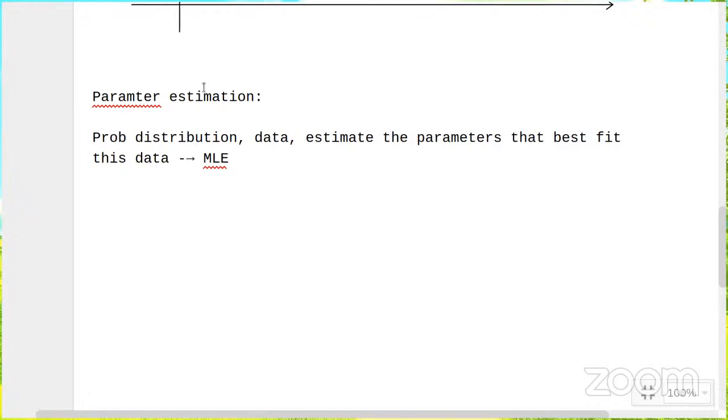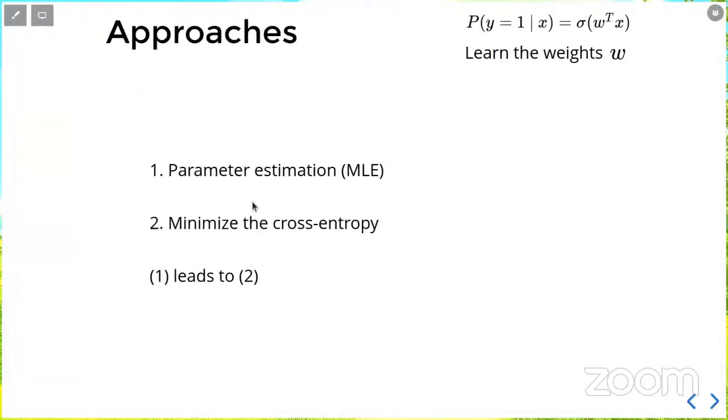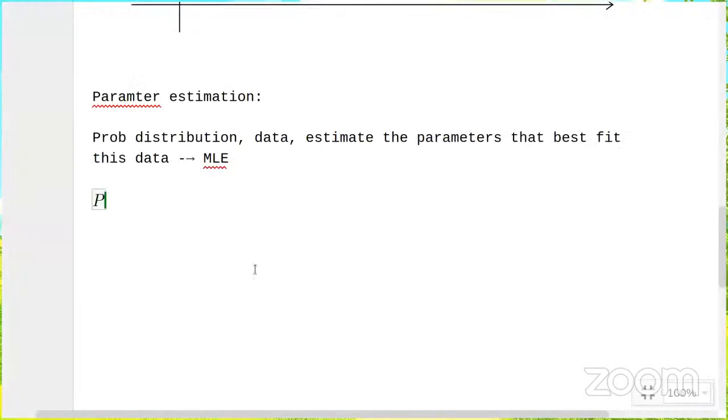Does everyone remember some parts of MLE? Yes, sir. All right. So our parameters here will be W. But before we go there, this P of y equal to 1 given x, we are saying that this is sigma of W transpose x.